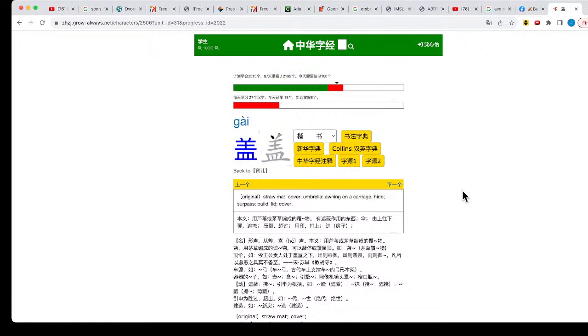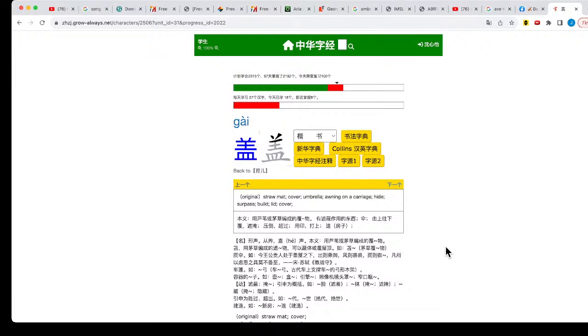Basically, this means cover, umbrella, awning, that kind of covering. It's not a permanent structure like a roof; rather, it's a more temporary kind of cover. Called a 盖, and of course you use it to refer to anything that provides that kind of temporary cover.